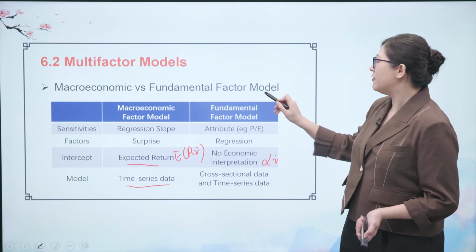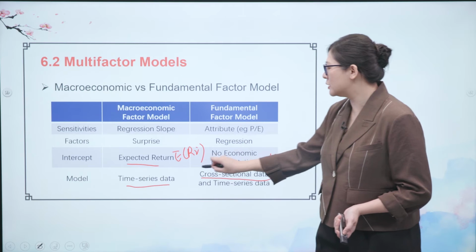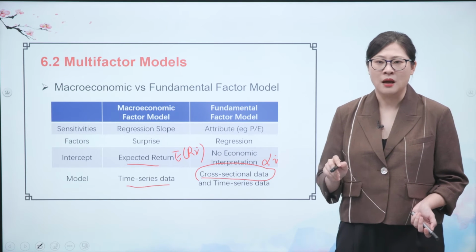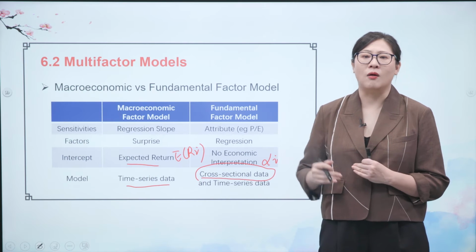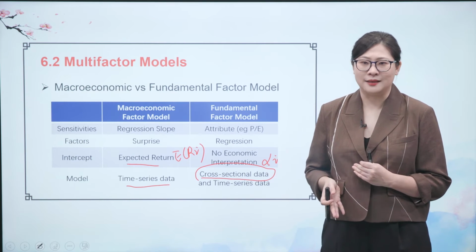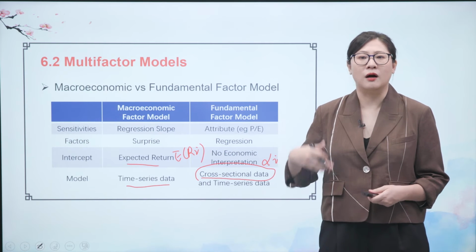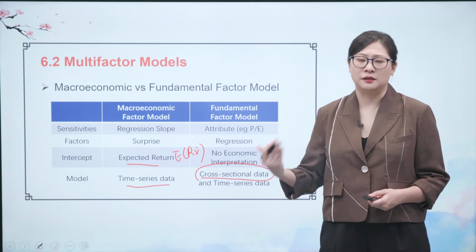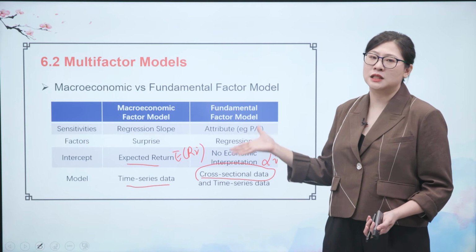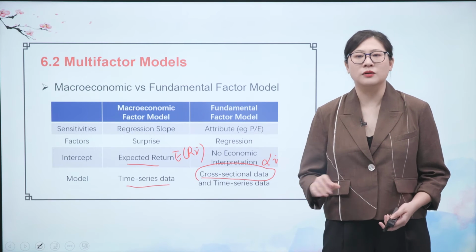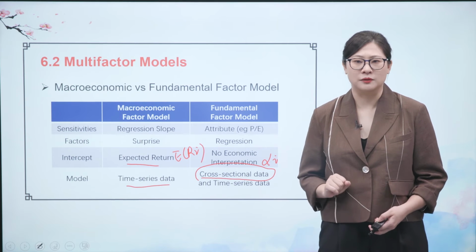But for the fundamental factor model, we use cross-sectional data, which includes different stocks. As I mentioned, I use 30 or 50 or 100 stocks. So that's the cross-sectional data. Okay, that's the difference between the macroeconomic factor model and the fundamental factor model.